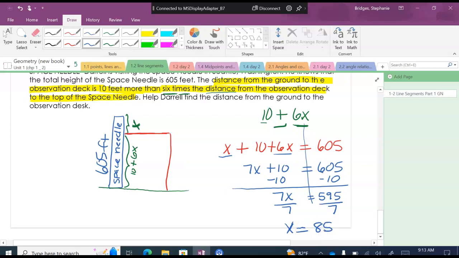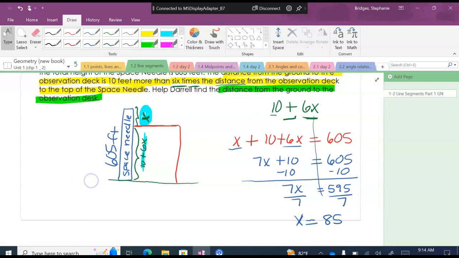Okay, here's my question. Let's go back and see what we're supposed to find. We want to know the distance from the ground to the observation deck. Is that x or is that 10 plus 6x? From the ground to the observation deck. 10 plus 6x. So what do you think I need to do with that 85? Plug it in. Yep. So we're going to go 10 plus 6 times 85.